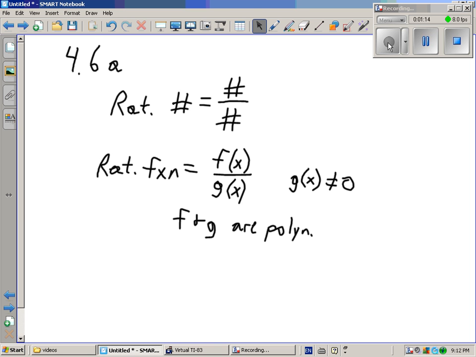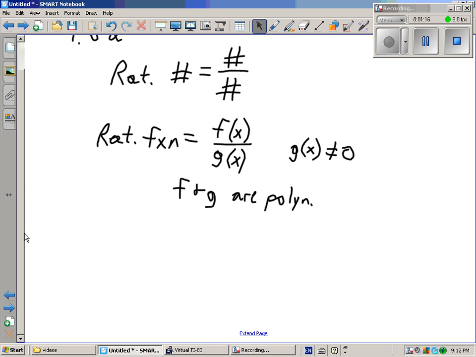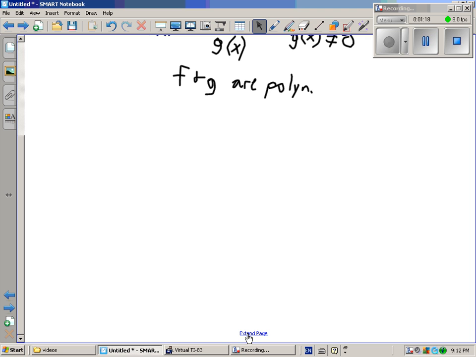The reason why rational functions are interesting is because they have a quirky behavior that polynomials definitely do not do. They have something called asymptotes.